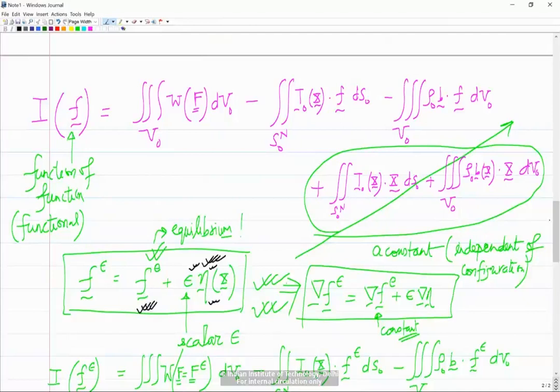So that's the admissibility, just like we were doing in principle of virtual work. So this eta has to be admissible. So we have to search for minimizing this potential energy only over the admissible perturbations.